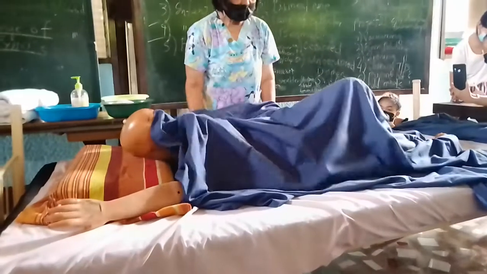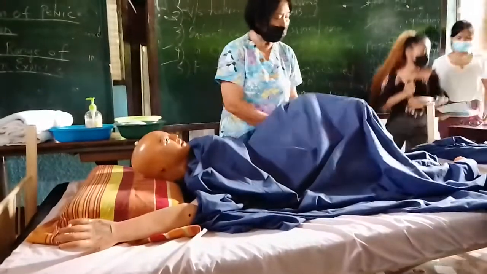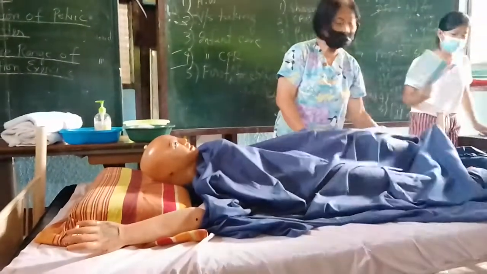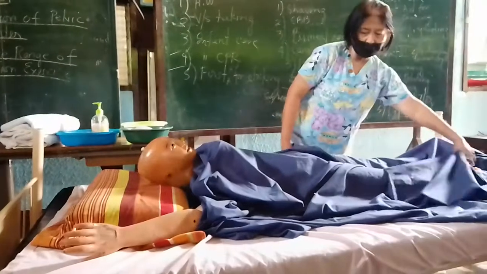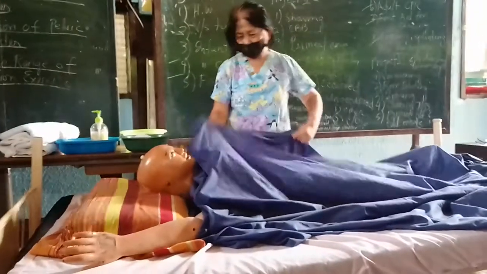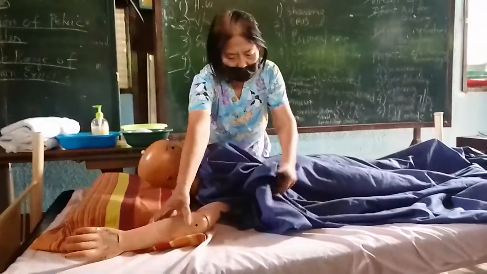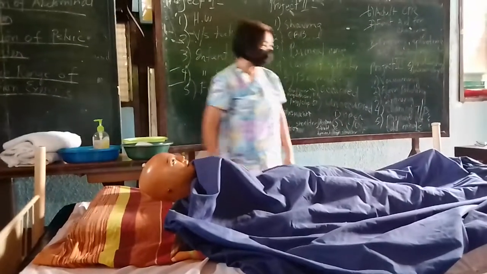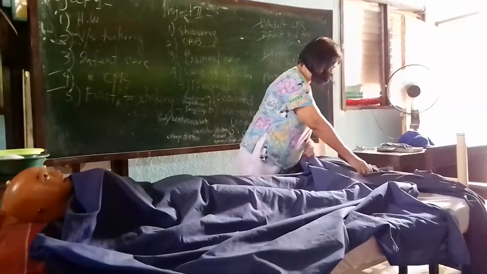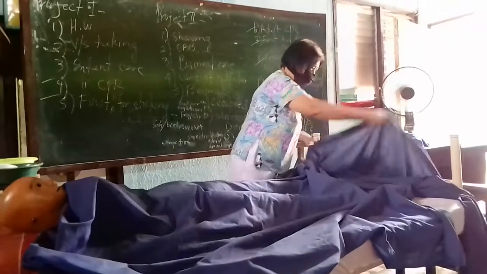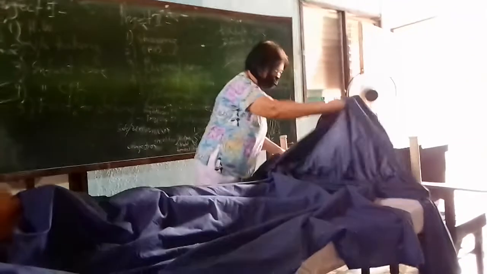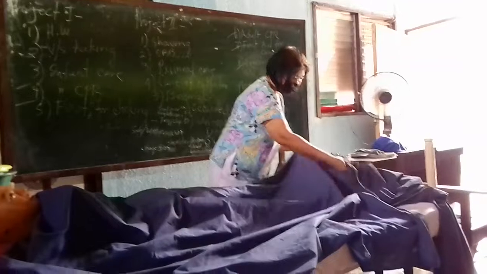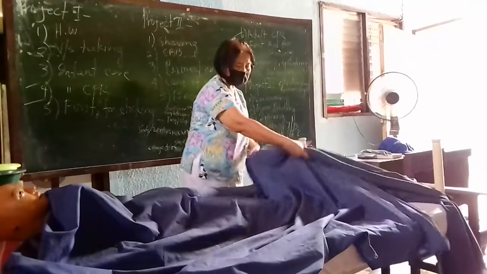So this position, class, is supine, back lying, or dorsal position. The other one, earlier, is side lying or lateral position. Then you change the back blanket with the top sheet. Pull one edge together with the lower part of the back blanket upwards.